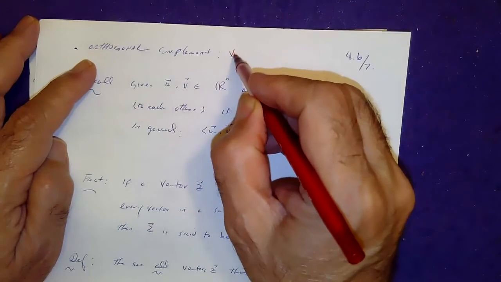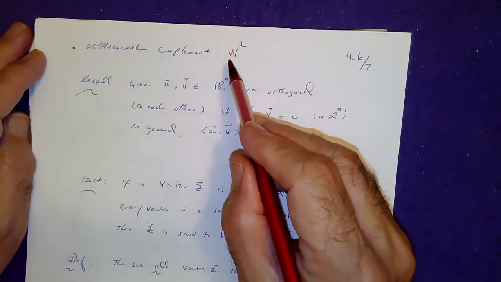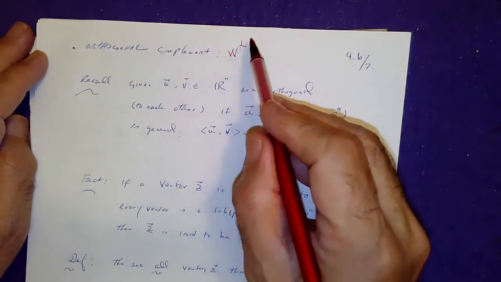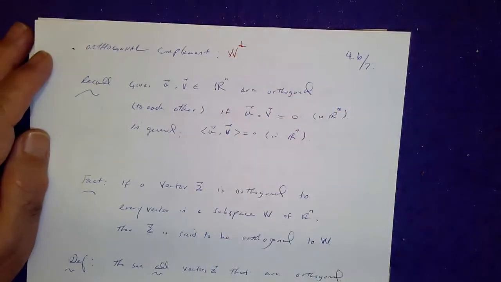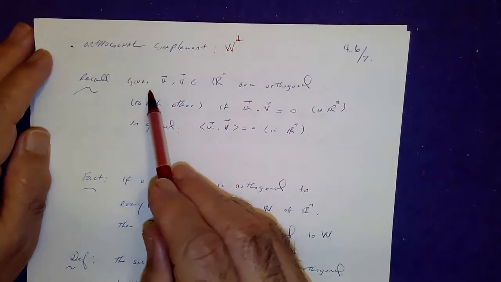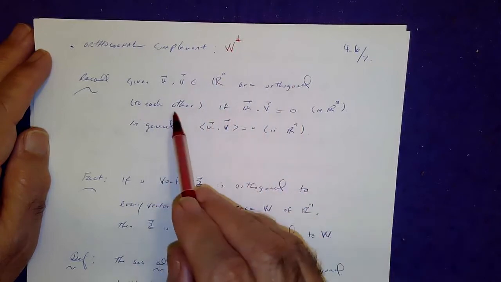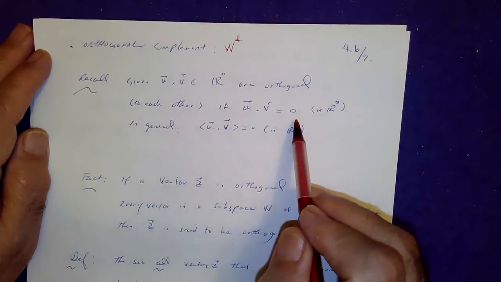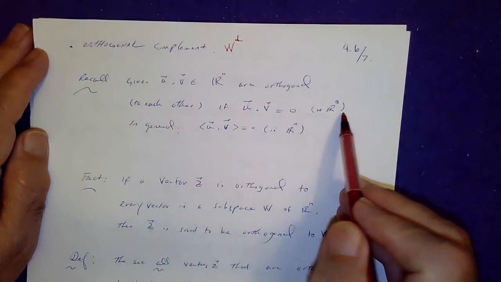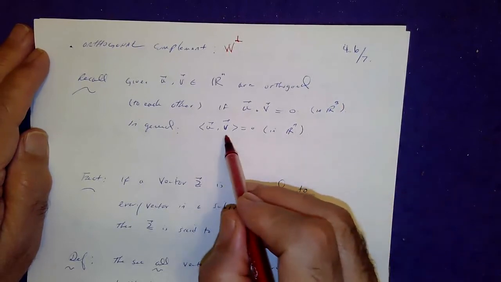So the next item is called the orthogonal complement, and this is the notation. You have a subspace W, and then there is a superscript of perpendicular lines. Remember, u and v in Rn are orthogonal to each other, not to themselves, if their dot product is 0. That would be like in R3. In Rn, we use the inner product.